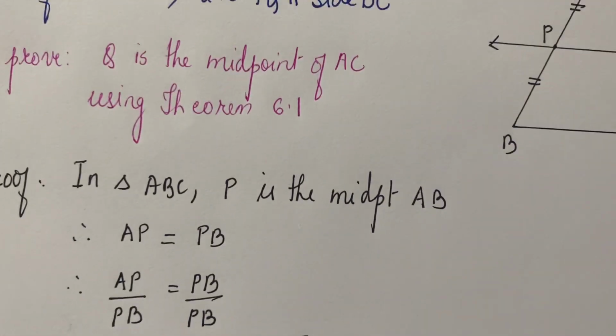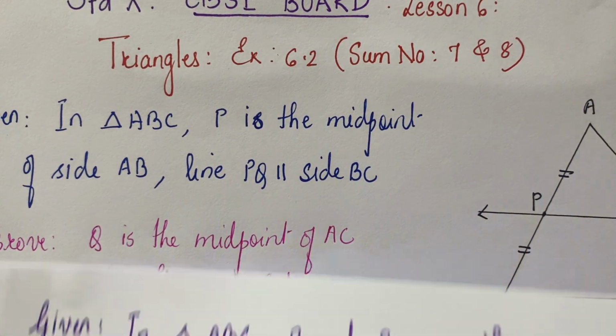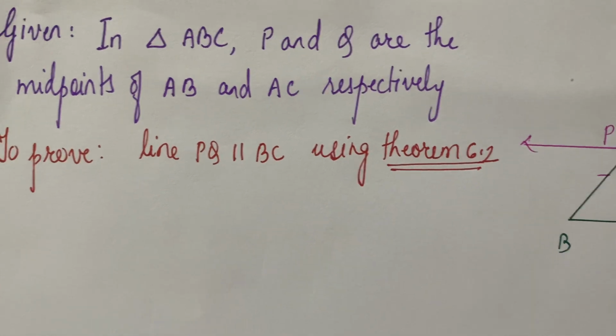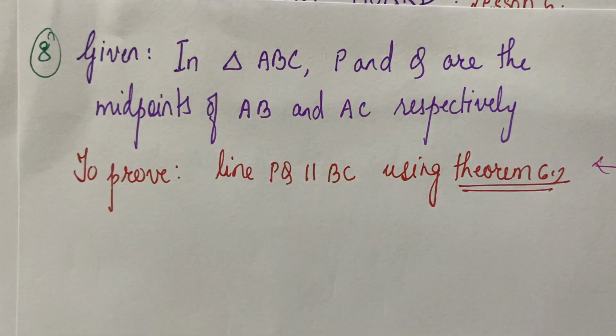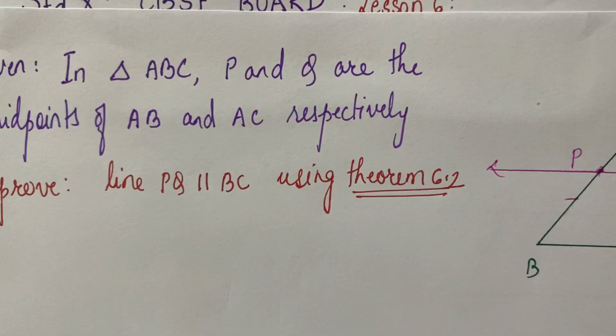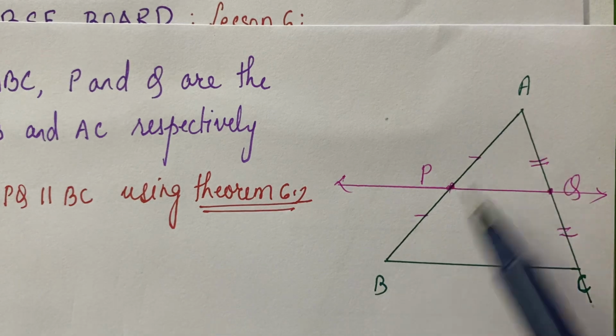Now we go to take sum number 8. In this question you are given that P and Q are the midpoints of sides AB and AC.